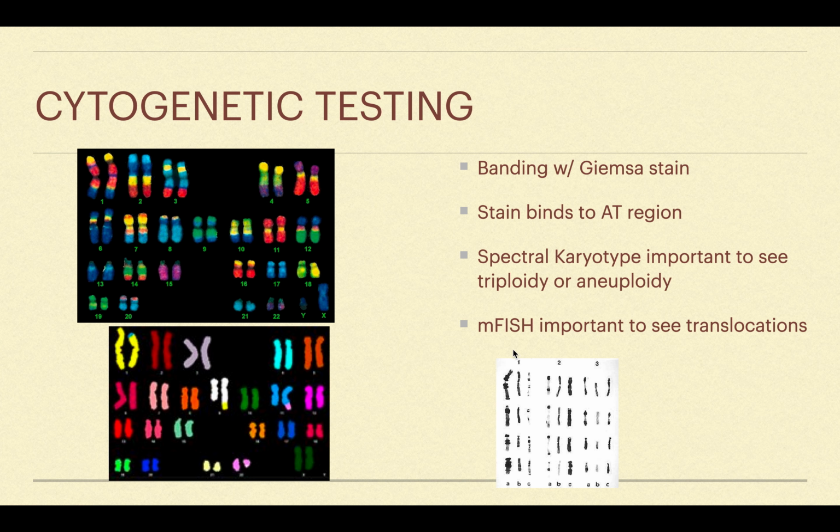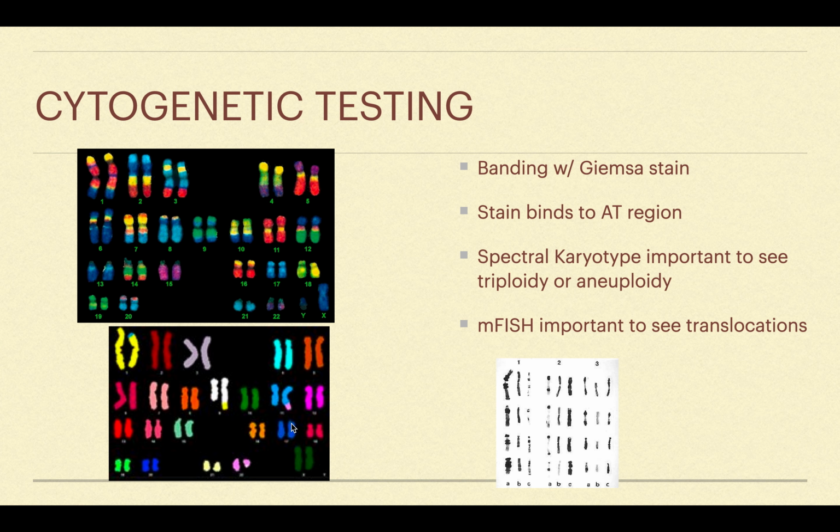And then M-FISH is a banding technique, really, and it's important to see translocations, in particular translocations that are kind of hard to see on the Giemsa stain. As you can see here, there's a translocation from here. This yellow bit should be on this, and this blue bit should be here.